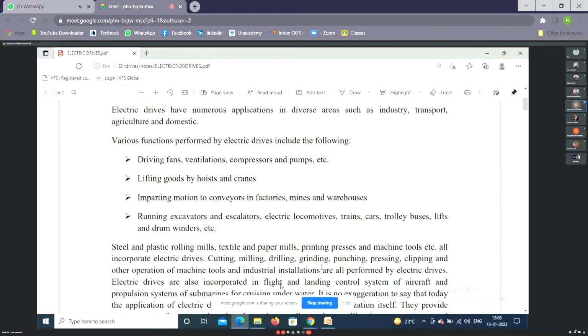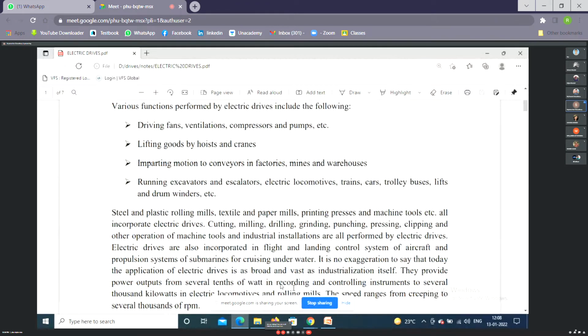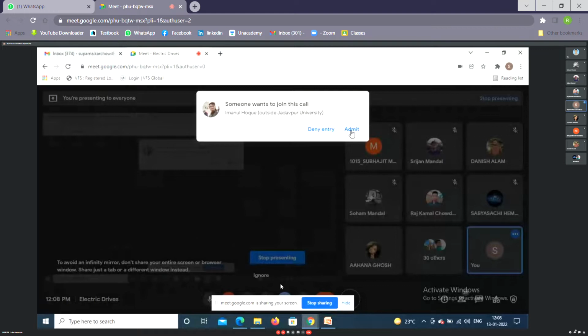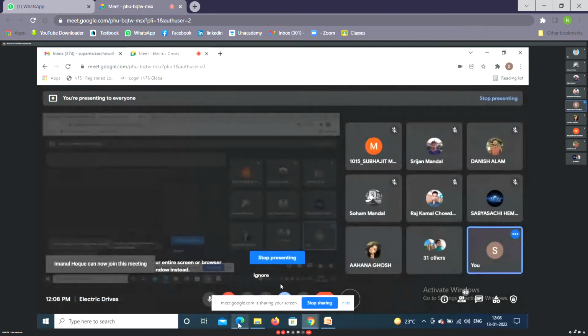Now, there is large application of electric drives in steel and plastic rolling mills, textile and paper mills, printing presses, and machine tools, etc. All incorporate electric drives, because the basic machine which rolls the steel sheet is mechanical, but it is driven by electric motors.